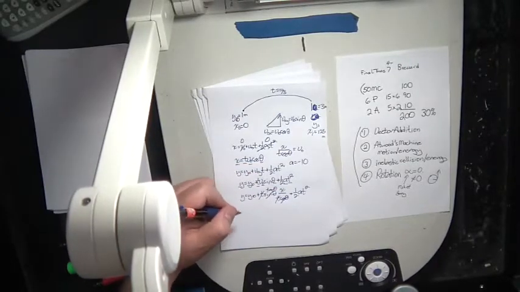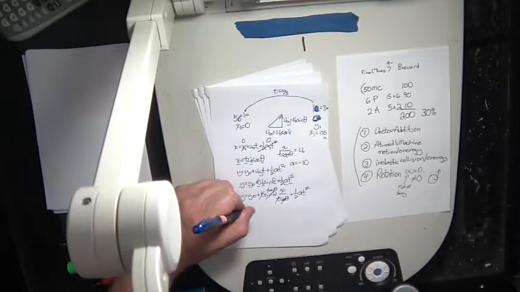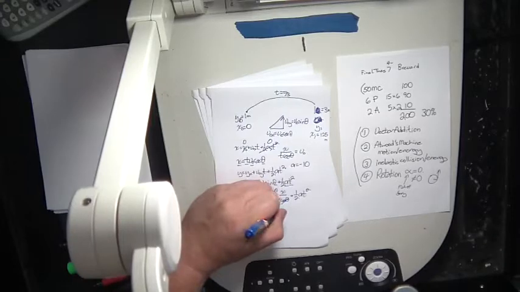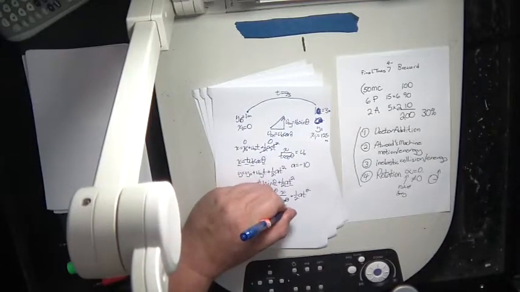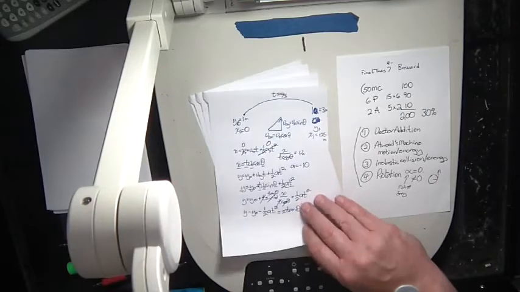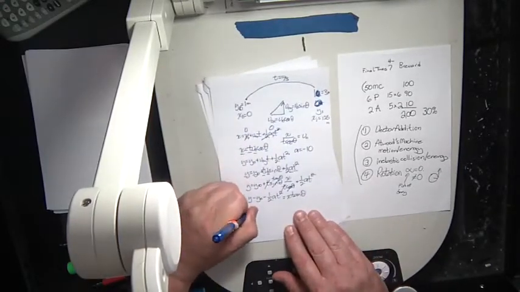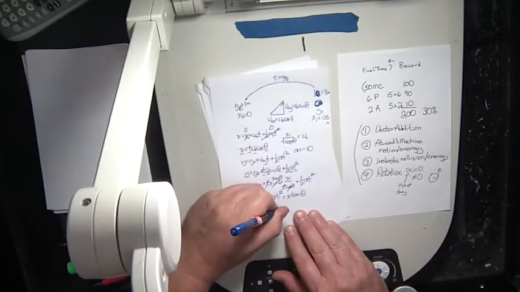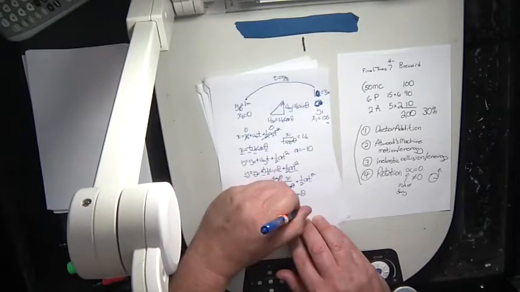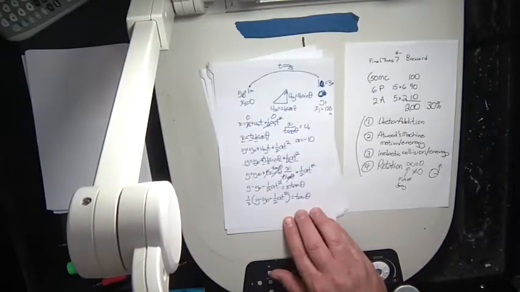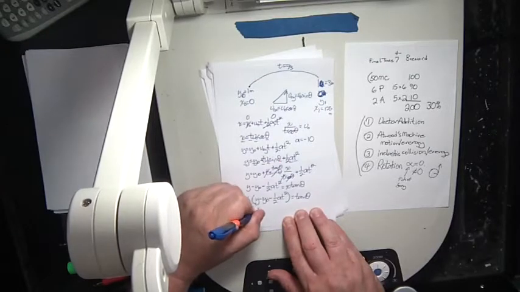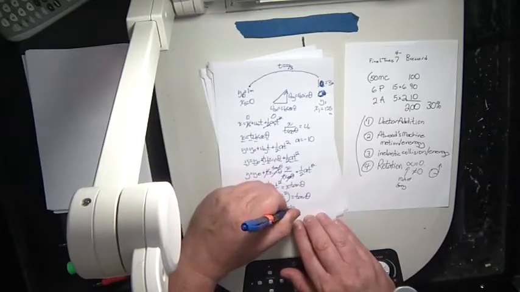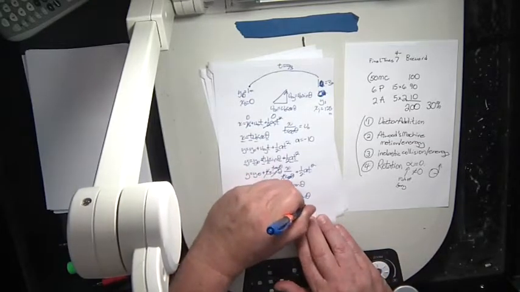And I'm going to start moving stuff around. Y minus Y naught minus 1/2 A T squared is equal to X tan theta. So 1 over X, Y minus Y naught minus 1/2 A T squared is equal to tan theta. And then theta is inverse tan of 1 over X, Y minus Y naught minus 1/2 A T squared.